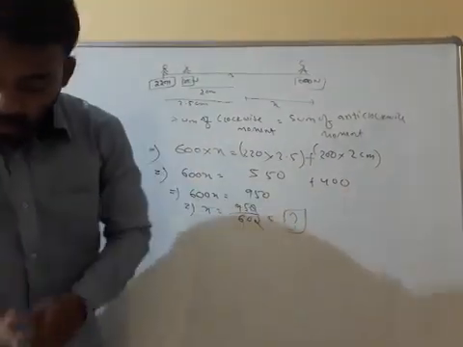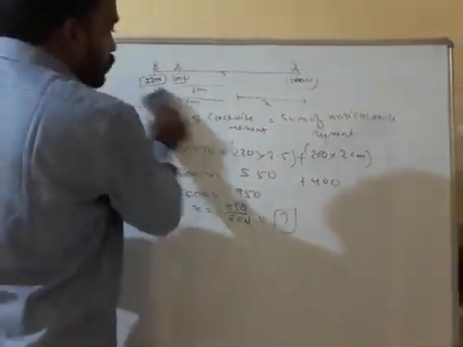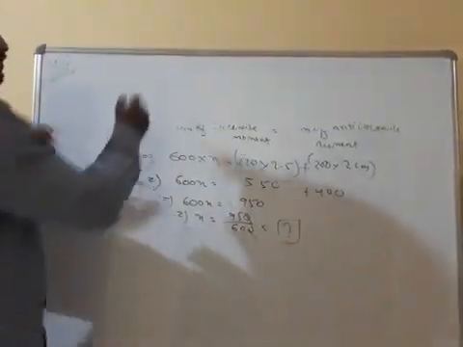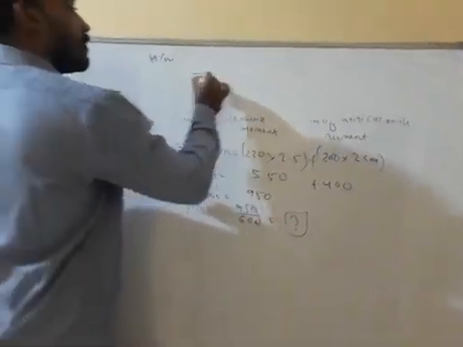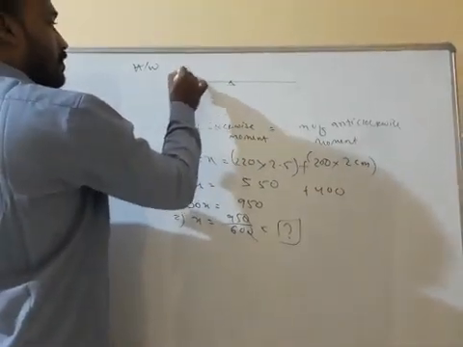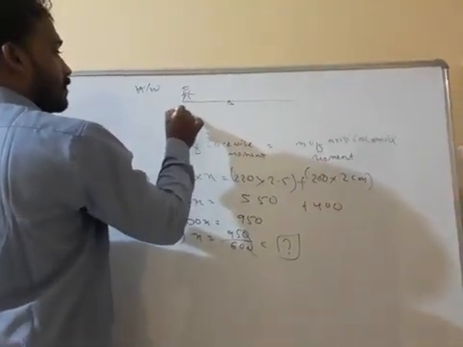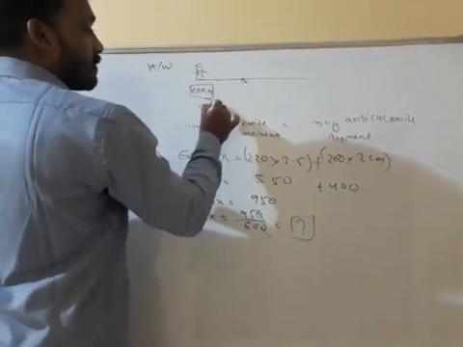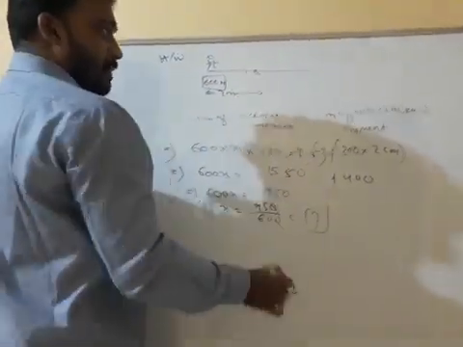Understood? One homework is there. You will do one homework. Suppose it is a seesaw. One person is sitting here. The person's weight is 600 Newton, sitting 2 meter from the pivoted point.